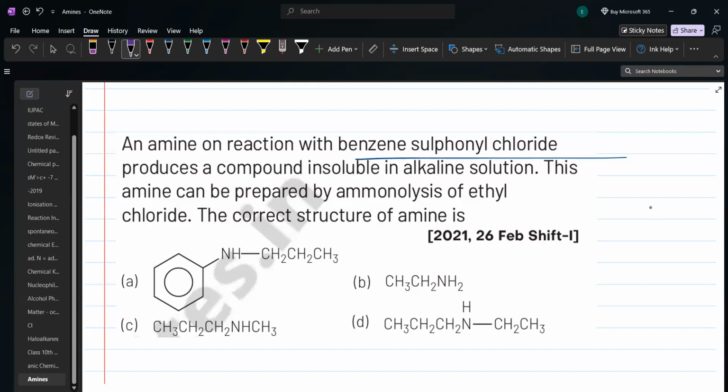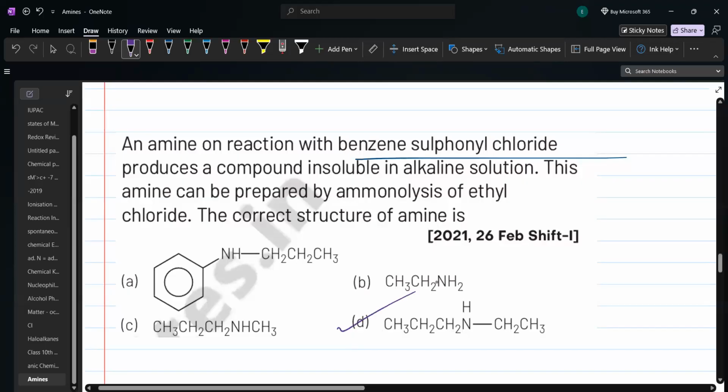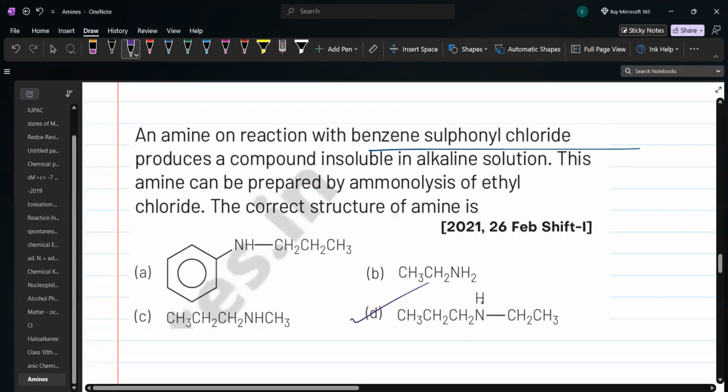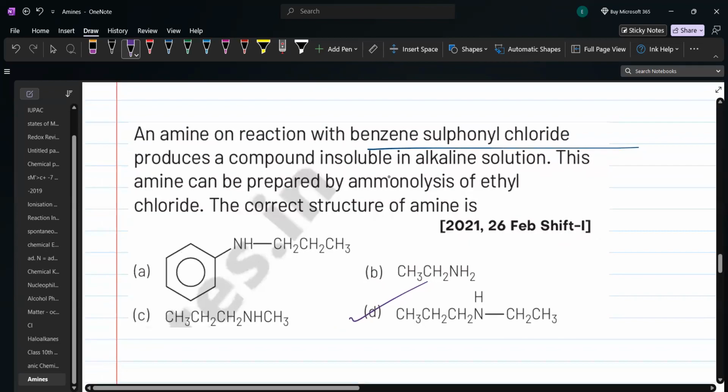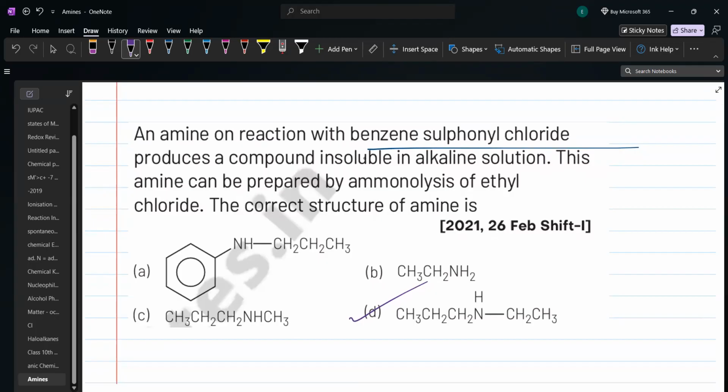So what should be the answer? Sir, D. Correct. Good. Obviously, since this is insoluble, the reaction is happening and the product is insoluble.